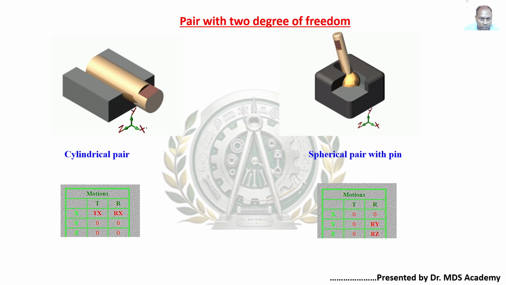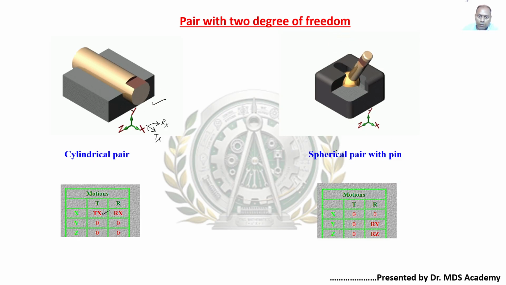See here, in the x-axis this member is translating, that's why Tx is present here, and there is also the possibility of rotating this object along Rx. So two different variables are present over here. That's why this is the case of 2 degrees of freedom.